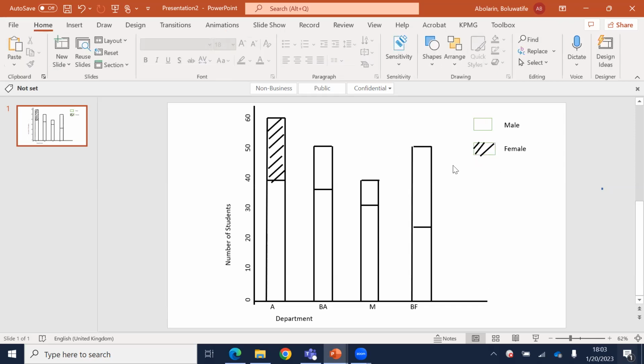So anywhere they see this mark, they will know that it is female we are talking about. So you can use it so that you won't make your book rough. Any way you like it, you can use it. But let me go back to my color shading method. I think I prefer that on this. It's very easy to do that on this.